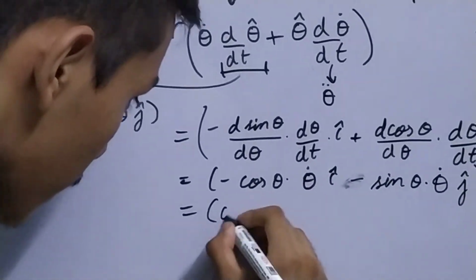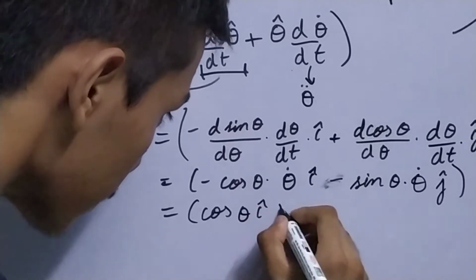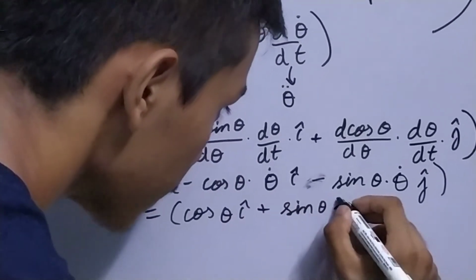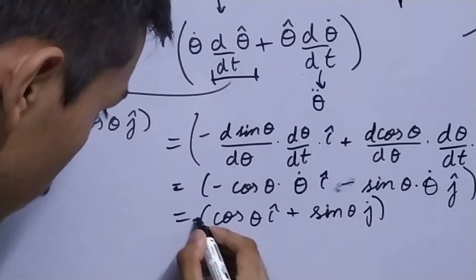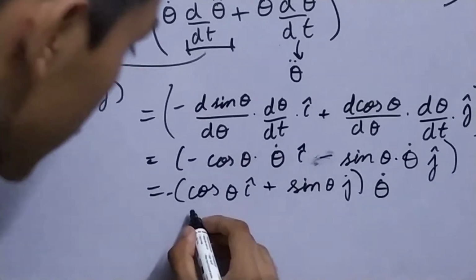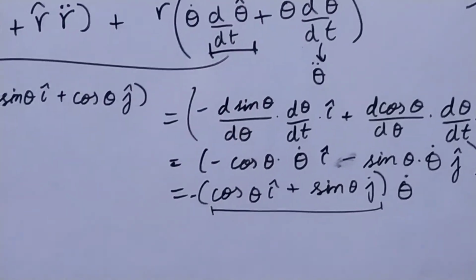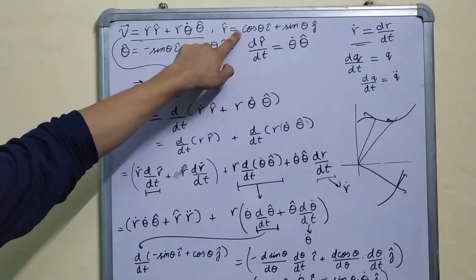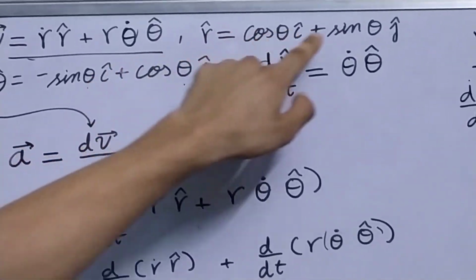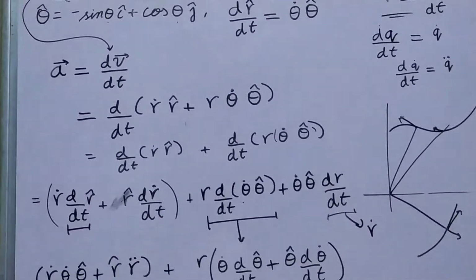So we'll be left with cos theta i cap plus sine theta j cap, okay, minus theta dot outside, and this is nothing but your unit vector r cap, this entire stuff.